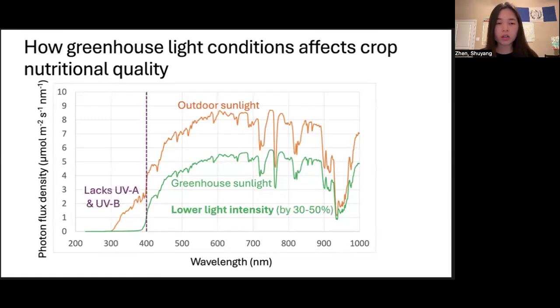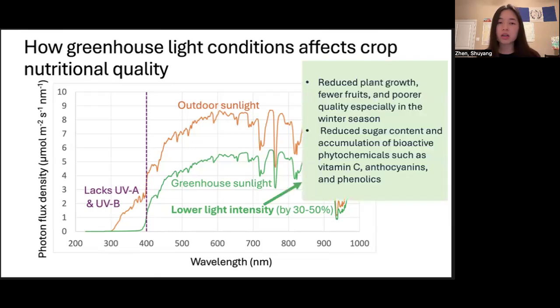And the spectral quality of greenhouse light is also altered, especially there's typically a lack of UV radiation, including the UVA and UVB region. So this reduction in light intensity can reduce plant growth, leading to fewer flowers and fruits and poor quality.